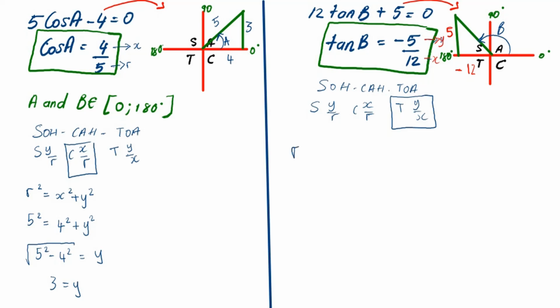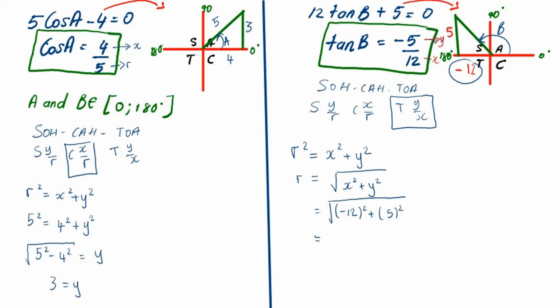So r squared is equal to x squared plus y squared. In other words, r is equal to the square root of x squared plus y squared. Substitute your x, negative 12 all squared, plus your y, 5 all squared. Punch that into your calculator to find that r is equal to 13. We're simply going to put that onto our drawing.